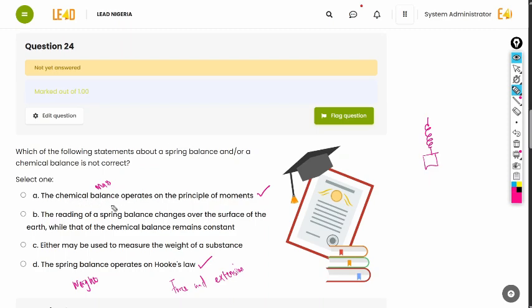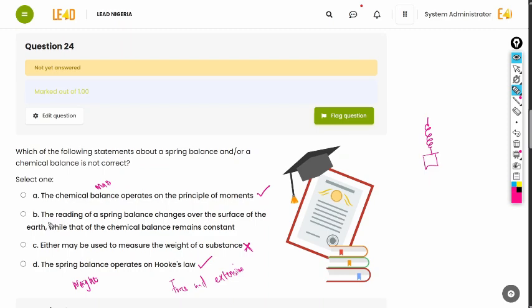But your chemical balance does not give you the weight of the substance as a primary output. It gives you the mass. So by that, this is not correct.